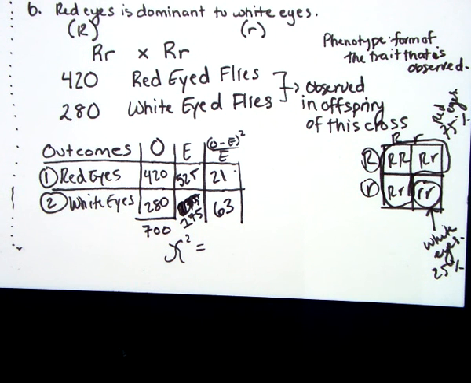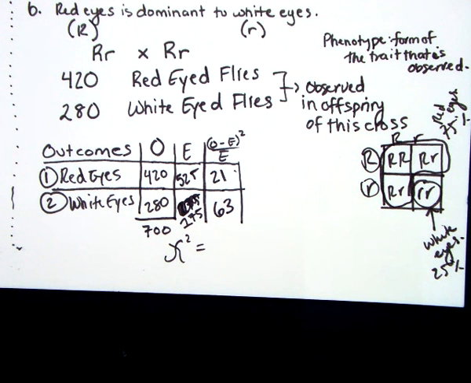So you might have noticed that the difference between the observed and expected values were the same for red eyes and white eyes. It was both 105. And so it's important when you divide by your expected value to make sure you're dividing by the correct expected value. So actually, when I did mine, I got 21, but I divided by 21. Right? So it's making sure that you have the correct expected value.